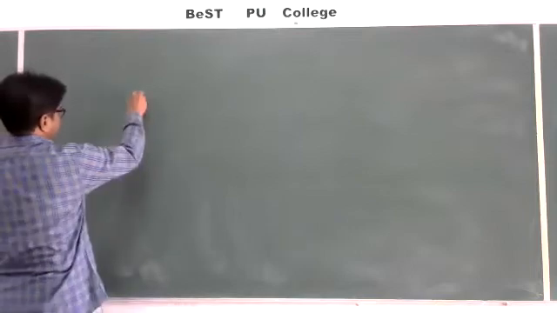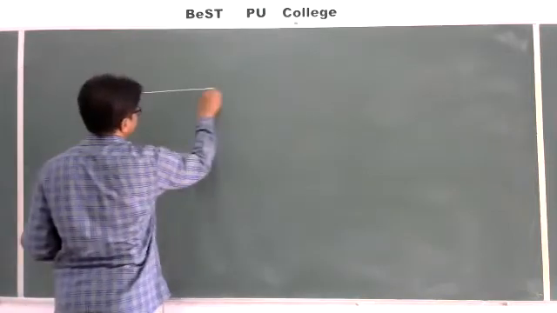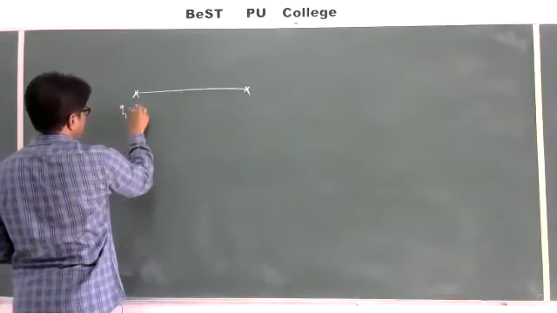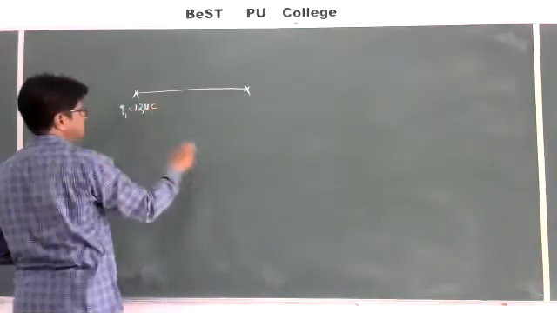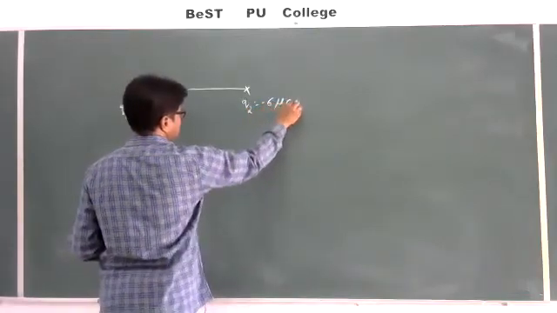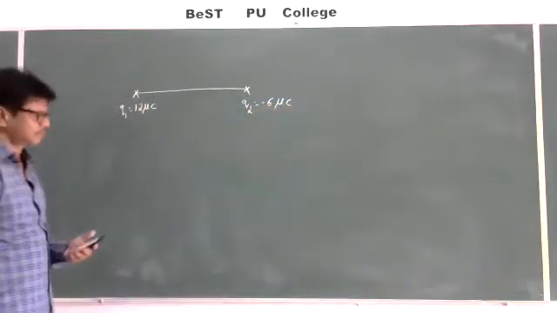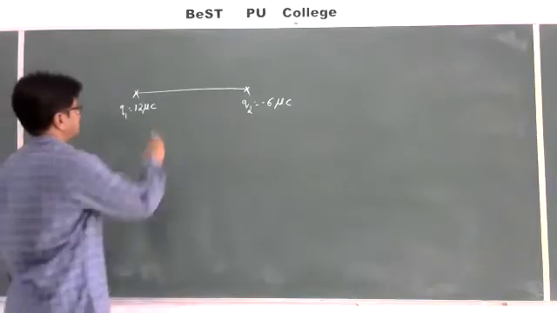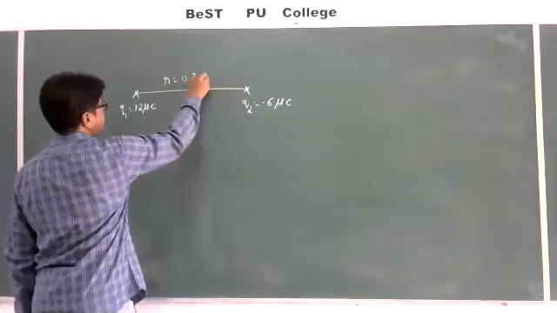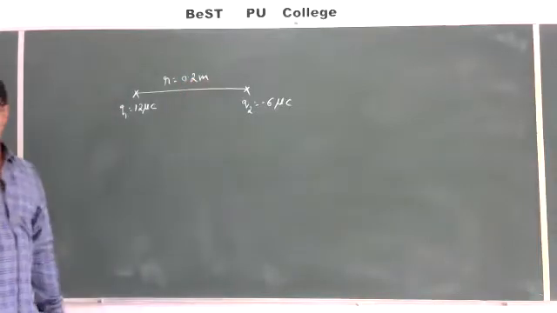He considered two charges. One is 12 microcoulomb and one is minus 6 microcoulomb, separated by a distance of 20 centimeter, that is nothing but 0.2 meter.